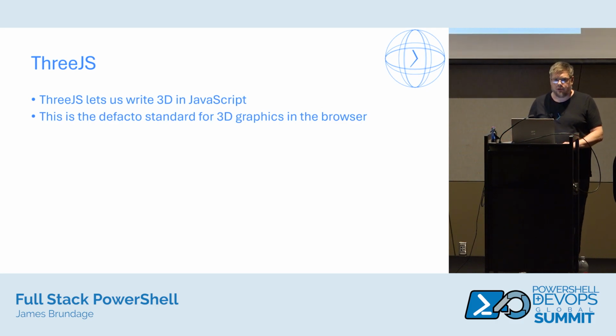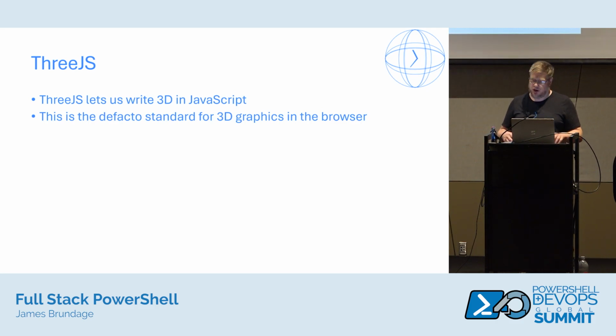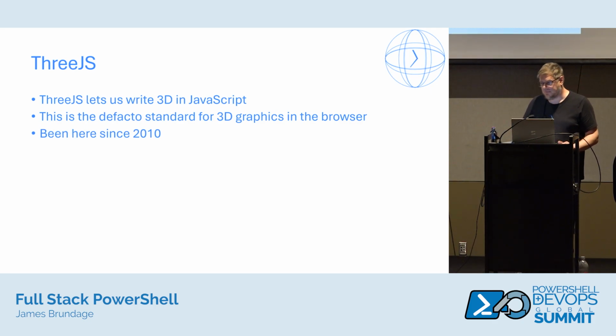Technically, you can do this all manually with WebGL in JavaScript, but basically everybody uses ThreeJS. It has been here since 2010, so congratulations, right on the nose, at least for this year. But yeah, that's how long we've been able to do 3D in the browser.